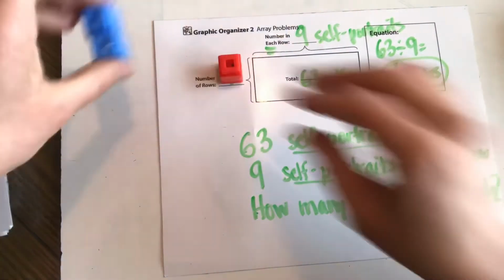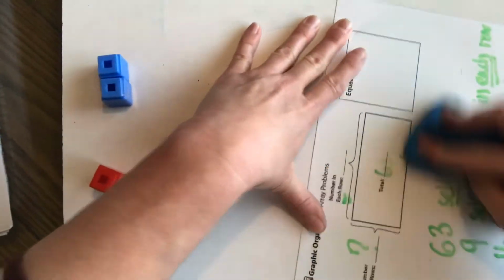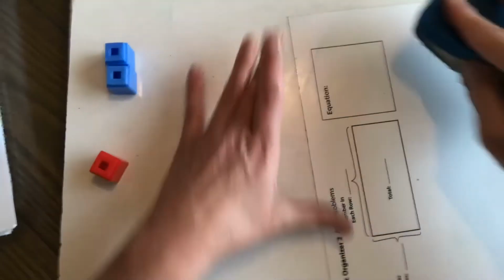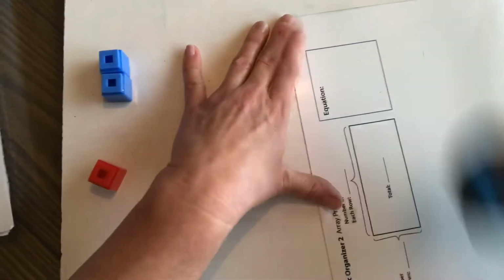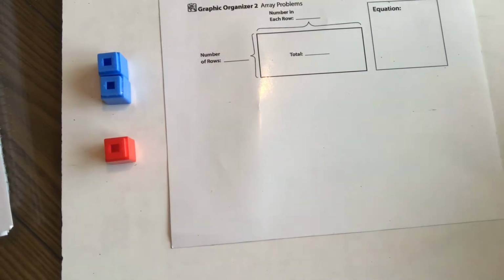Good job, scholars. We are going to do 2 more problems today, and that will conclude our video lesson, and then you can take a break. Tomorrow, we will be completing some practice over finding the number of rows in our problems. Are you ready?